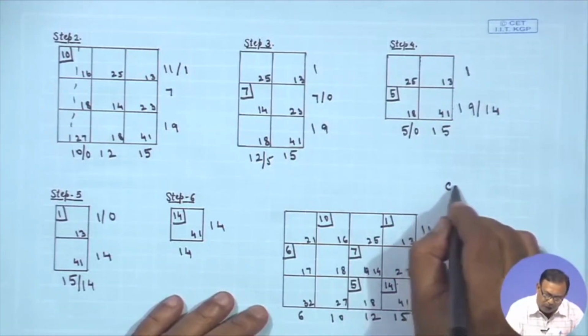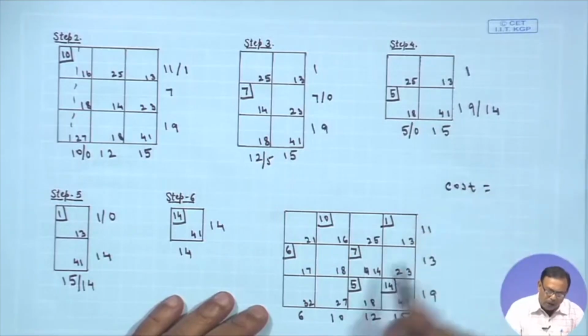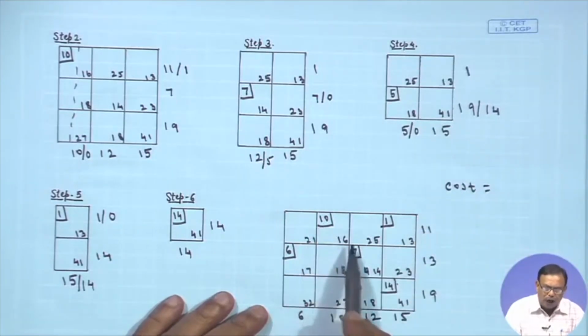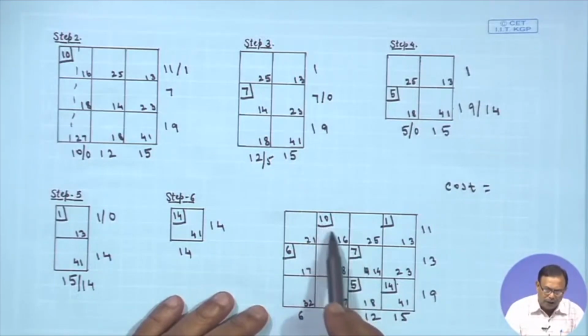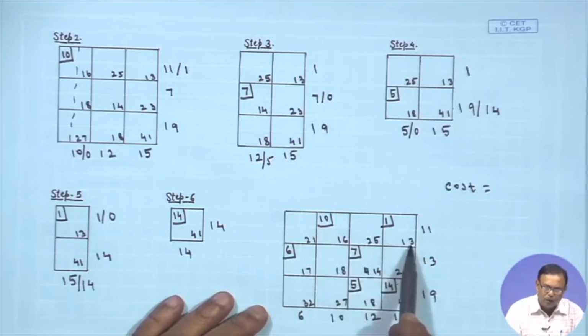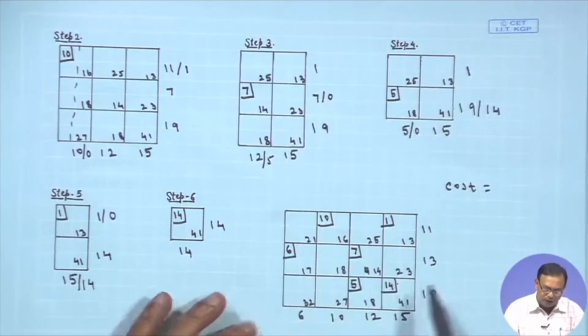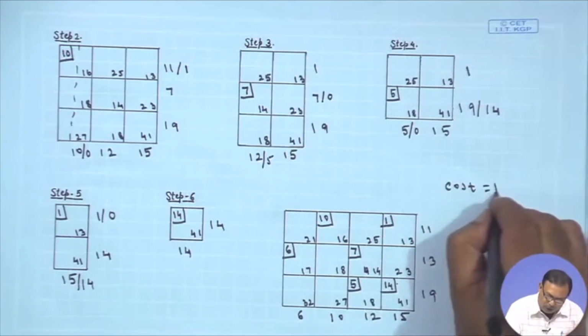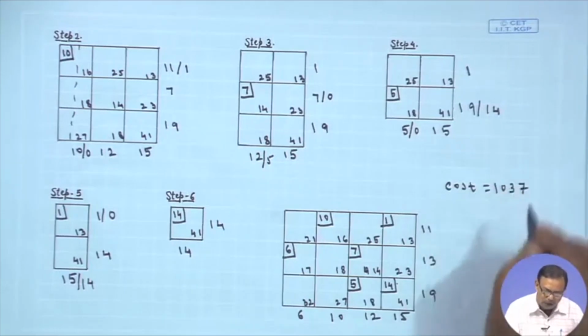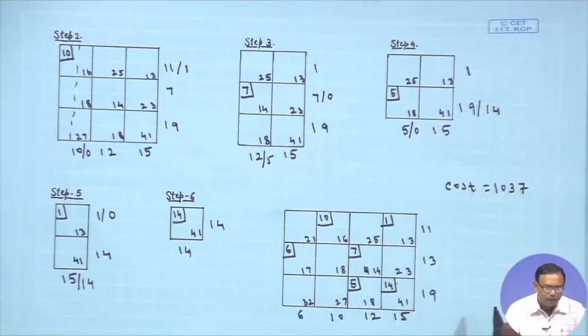What will be the cost for the initial allocation? As usual, you will calculate the cost on the occupied cells only, that is 10 into 16 plus 1 into 13 plus 6 into 17 plus 7 into 14 plus 5 into 18 plus 14 into 41, and the total cost you will find is 1037.